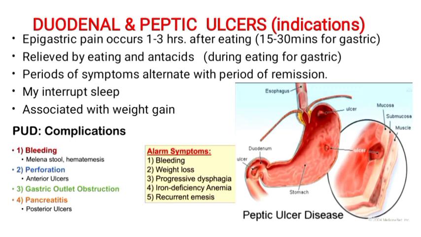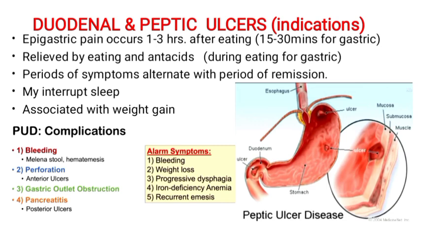In peptic ulcer disease, we have the duodenal ulcer and the gastric ulcer.